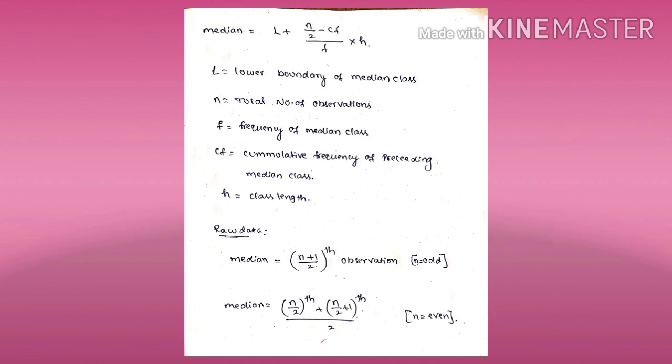If n is even, then median is equal to the average of the n by 2th and n by 2 plus 1th observations of the data. Okay, that is the median concept.